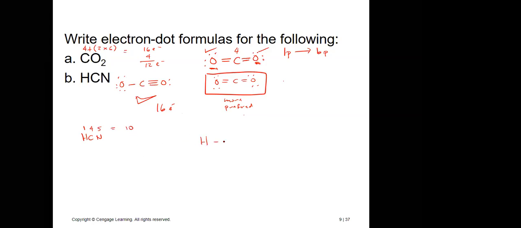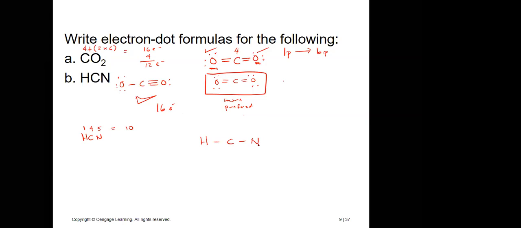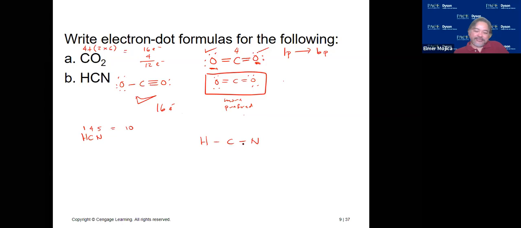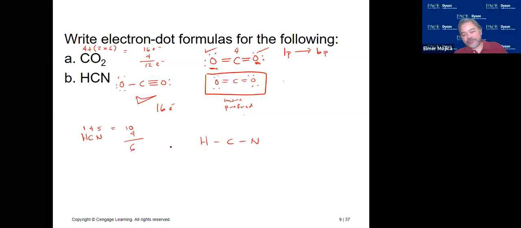And this is how you're going to arrange them, right? Now, how many electrons have we already utilized here? 4. So that means we have to distribute the 6 electrons in such a way that the carbon and the nitrogen will have 8 electrons while the hydrogen has already satisfied the 2 electrons.